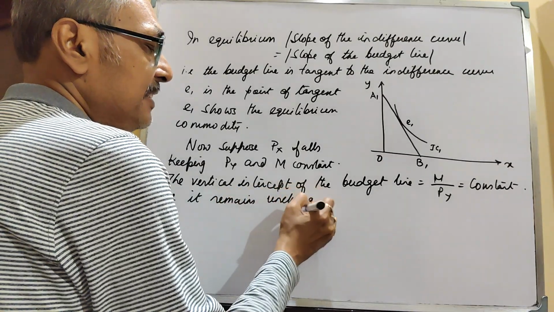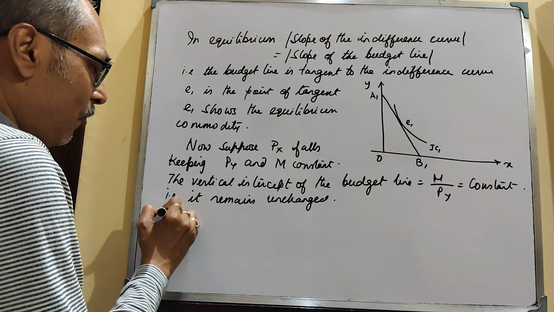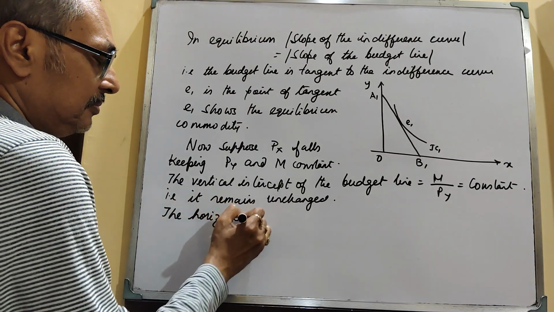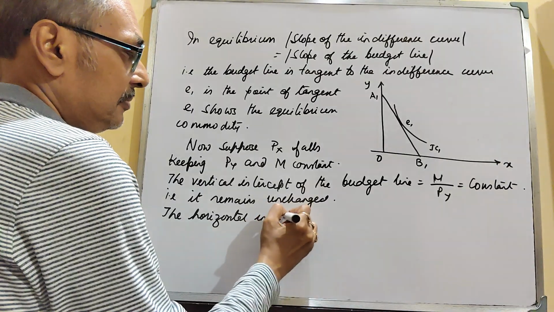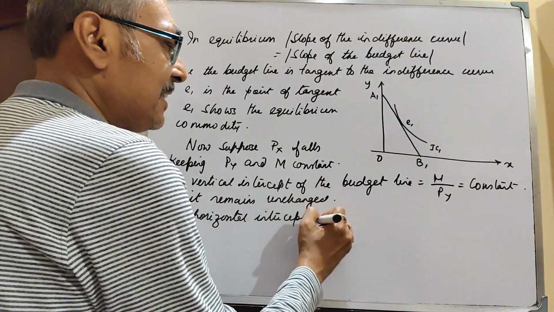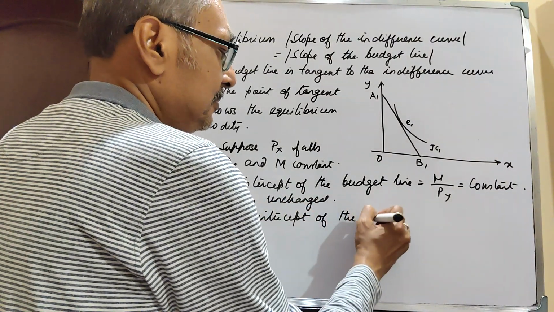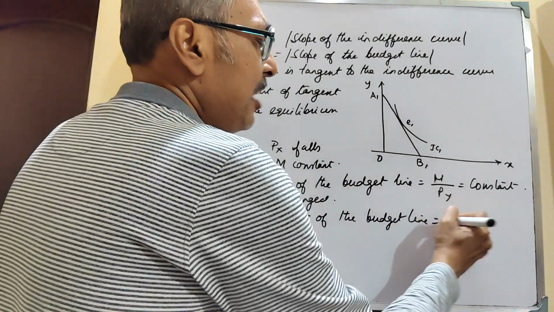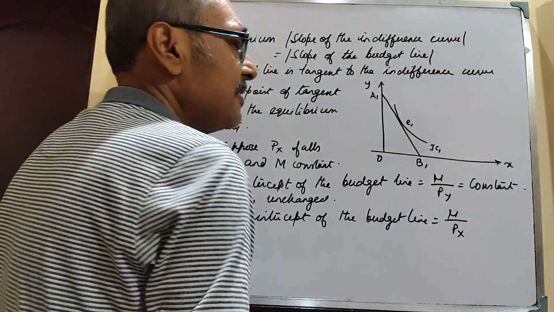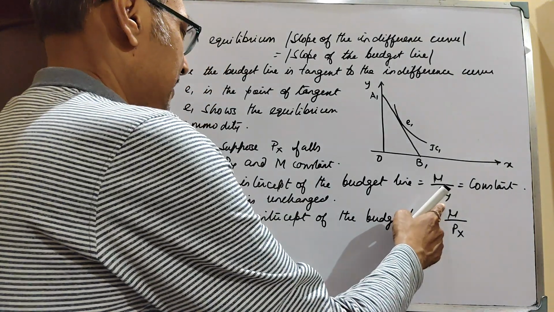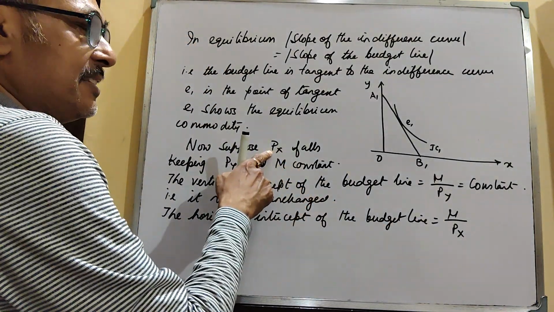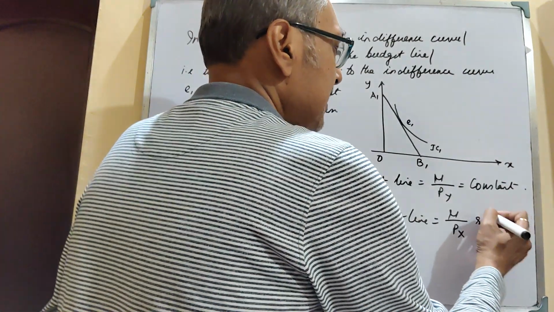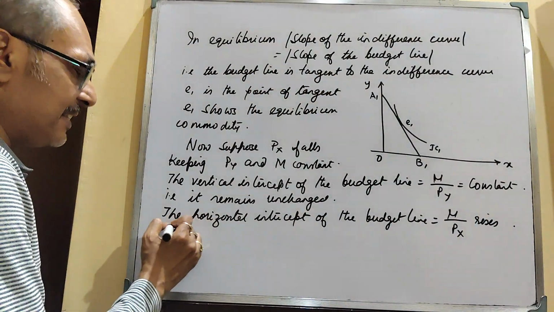Now, what is the horizontal intercept of the budget line? This is M by Px. M, the numerator, is constant. Px, the denominator, falls, therefore the ratio rises. The horizontal intercept rises.